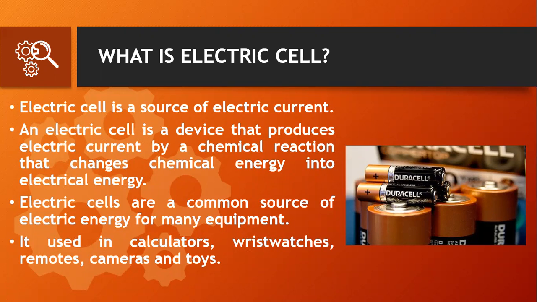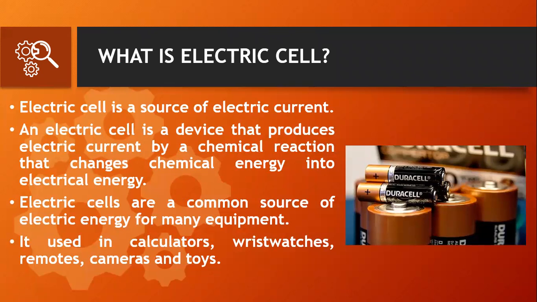It does not have any wires or plug which we put in the switchboard and switch on. Basically, these batteries and cells have chemicals inside them. Whenever chemical reactions happen inside these cells, the chemical energy gets converted into electrical energy, and then they provide the electric current whenever we put them in any of the appliances.